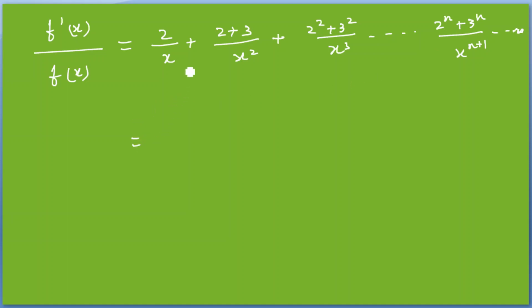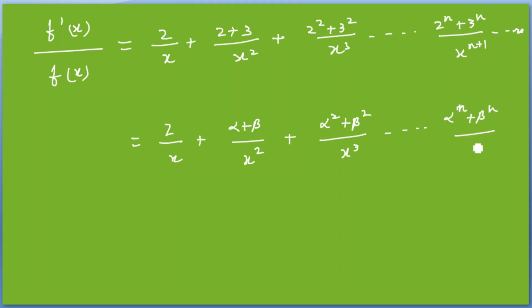Now as we know 2 is alpha and 3 is beta, so we can write 2 upon x plus (alpha plus beta) upon x² plus (alpha² plus beta²) upon x³, and it will go to (alphaⁿ plus betaⁿ) upon x^(n+1), up to infinity.